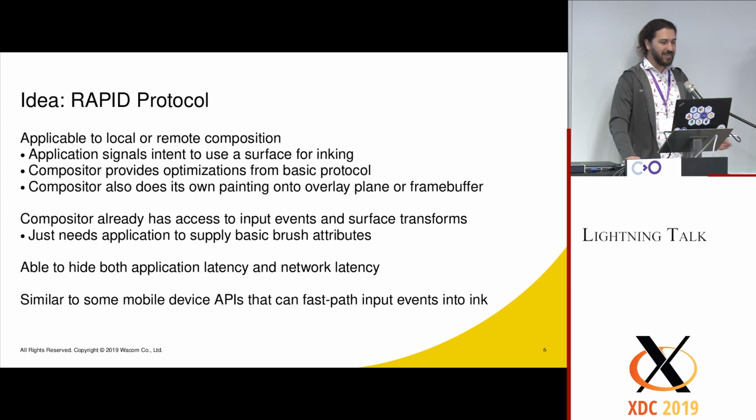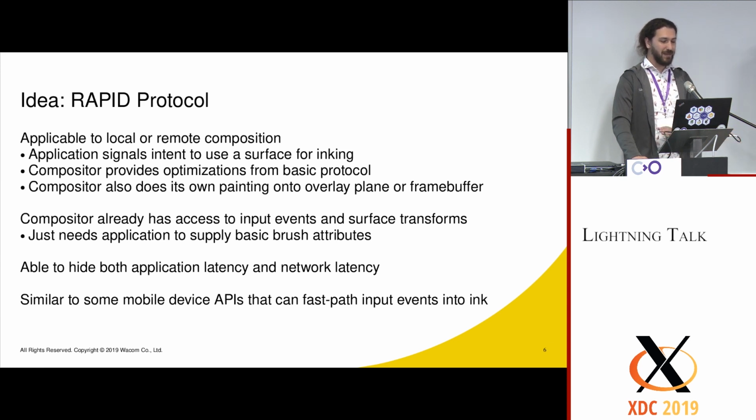This would just be temporary ink, an approximation of what is going to be happening over the next few dozen milliseconds. The compositor already has access to the input events and the surface transforms, so it knows where to paint. All that really needs to happen is the application needs to tell it approximately how big the brush needs to be, and approximately what color it needs to be.